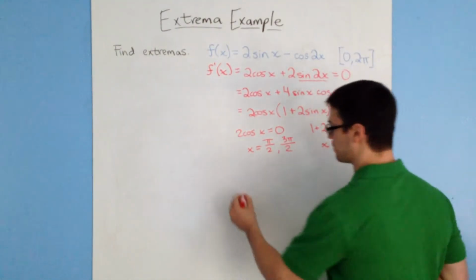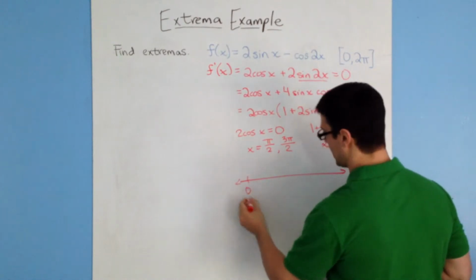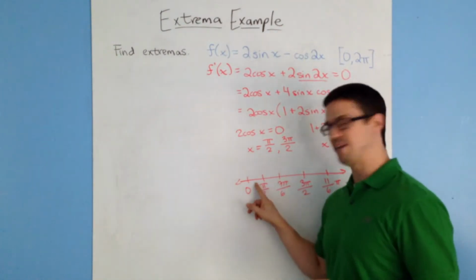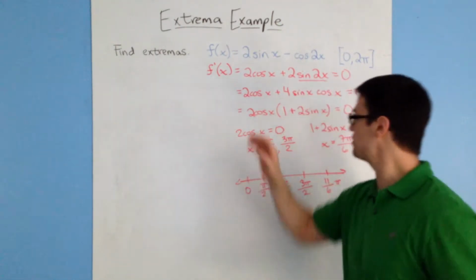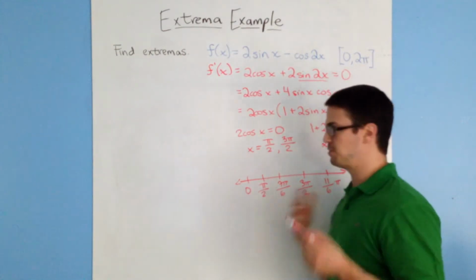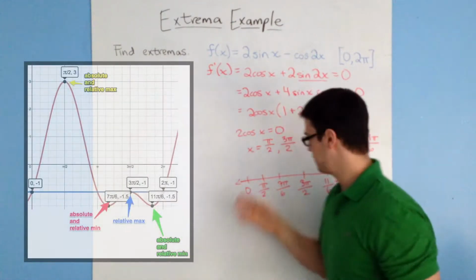So now that we have all the critical numbers, I'm going to test each of them on a number line. Now, rather than testing all the values in between, it might actually be easier to just graph it and see where it is for each of these values. So that's what I'll do here. I'll just post the graph and use that graph that's right here to figure all this out.